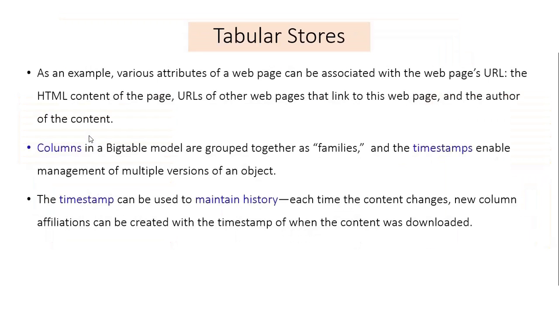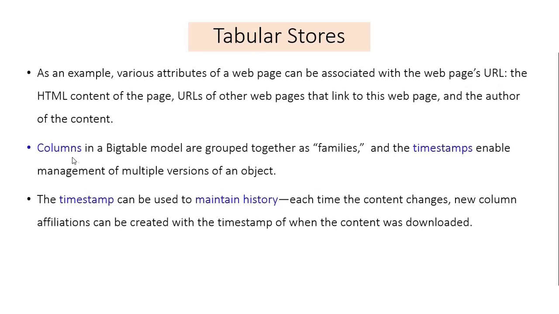In tabular stores, as an example, the various attributes of a web page can be associated with the web page URL: the HTML content of the page, the URLs of other web pages that link to this web page, and the author of the content. All these details can be stored in tabular stores.